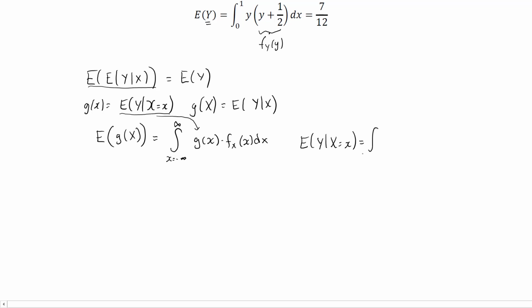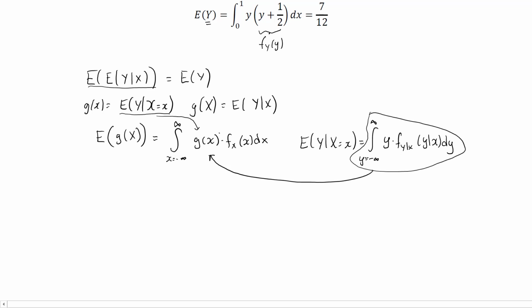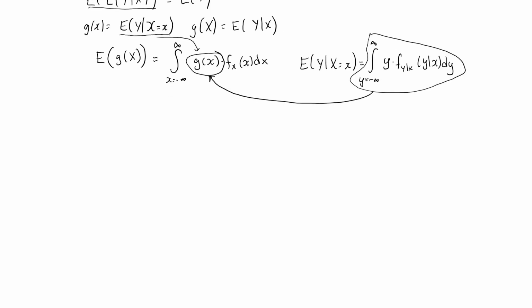This we know is the integral over all possible values of y, y times f of y conditionally on x, (y|x) dy. This is my g of x function, so I need to put that in here, replacing the g of x. Let's see what we get then.